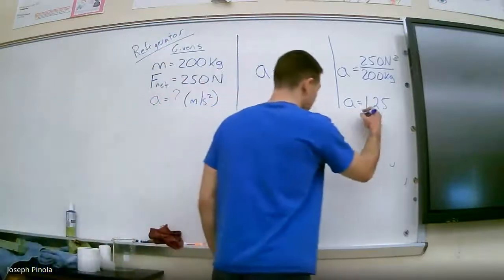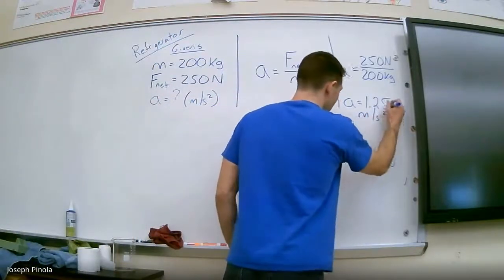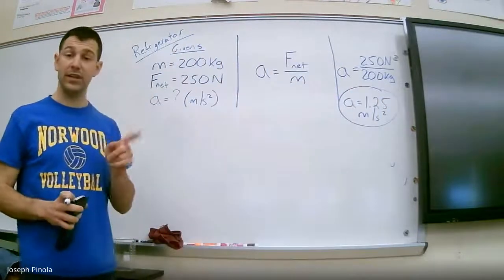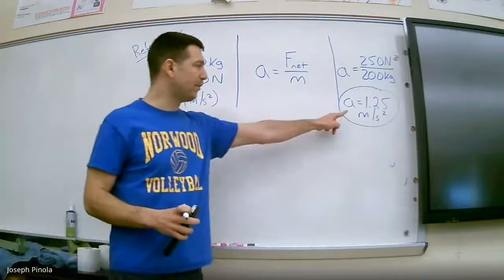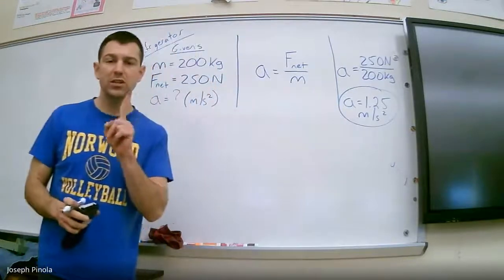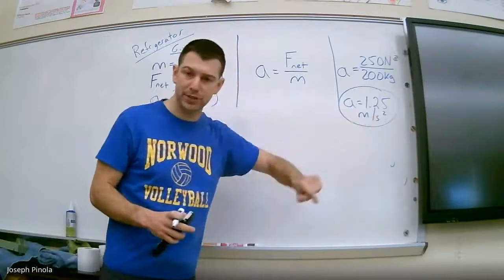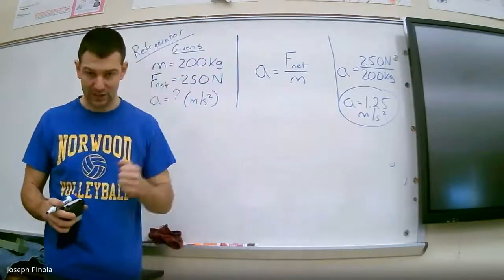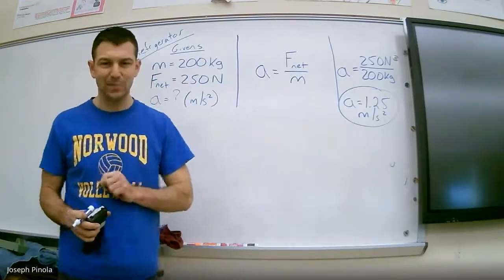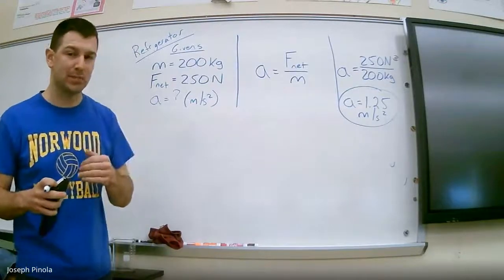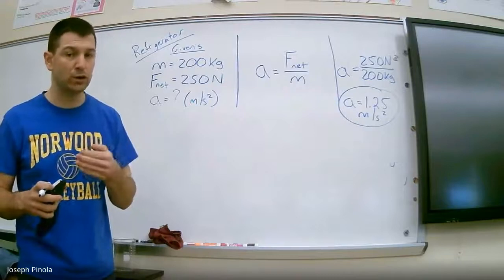And so we will also include that. This tells us that our refrigerator is going to change its speed by 1.25 meters per second every second. Let's compare that now to the man and see if he picks up speed at a quicker or slower rate.